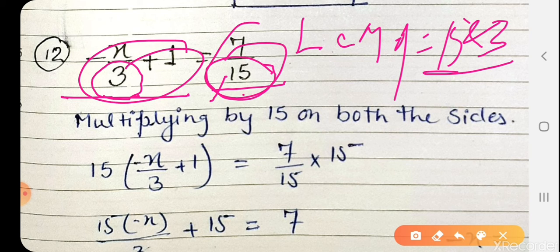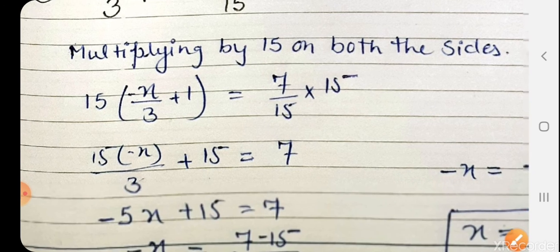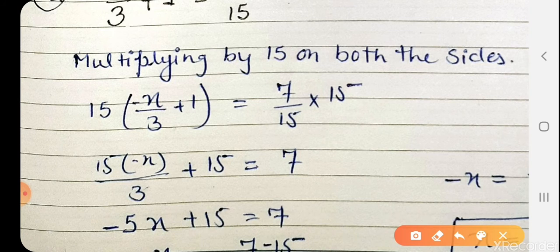So LCM of 3 and 15 is 15. When we multiply, I earlier told you that we will multiply with the whole expression. So 15 into minus x upon 3 plus 1 is equal to 7 upon 15 into 15. Here 15 is cancelled and here 15 is multiplying in the whole expression.